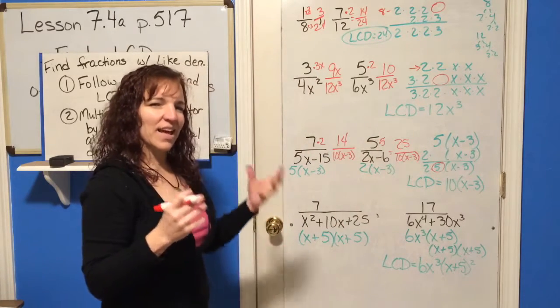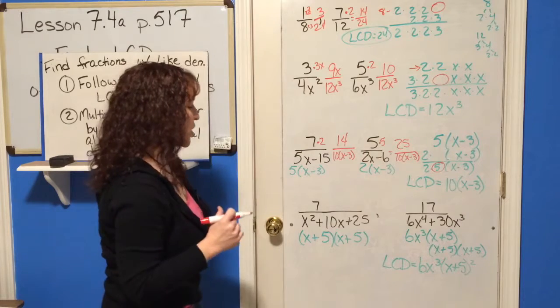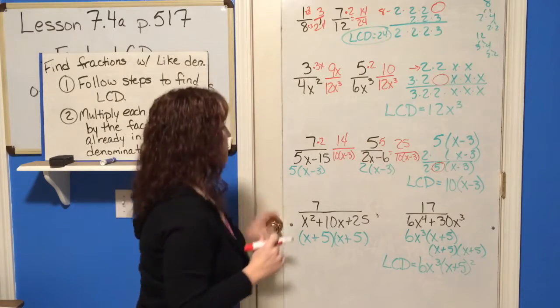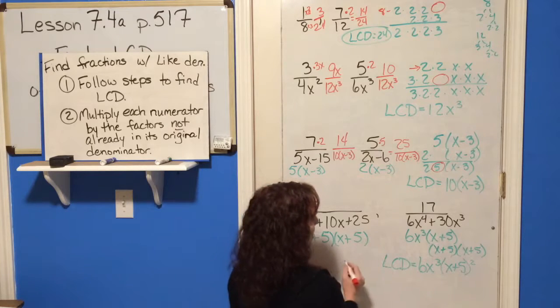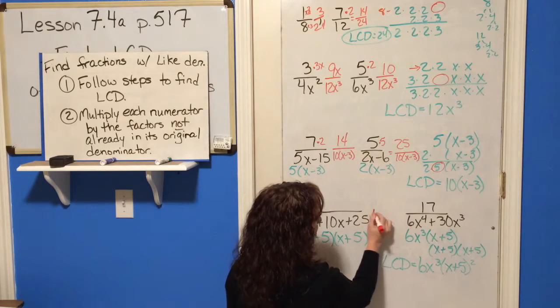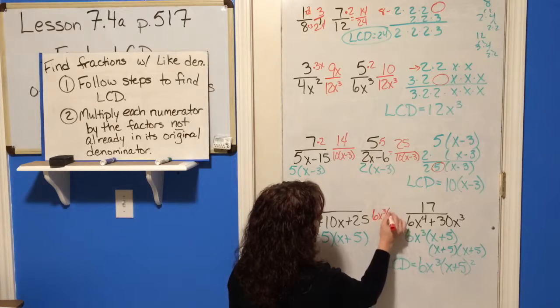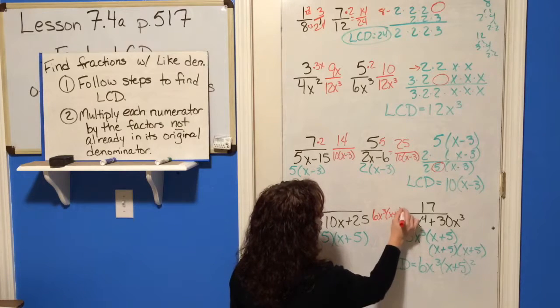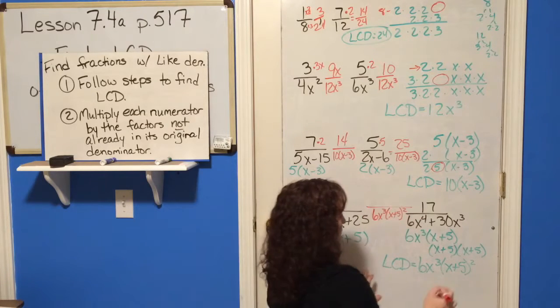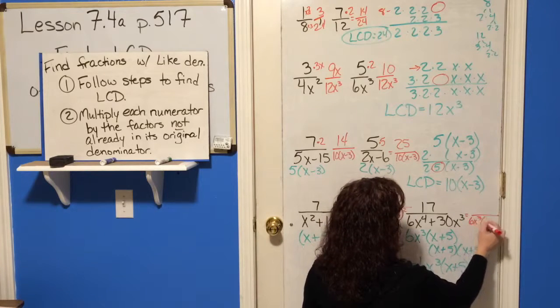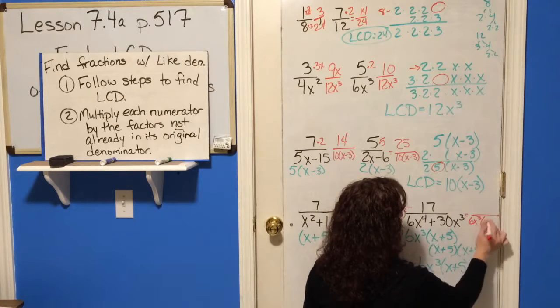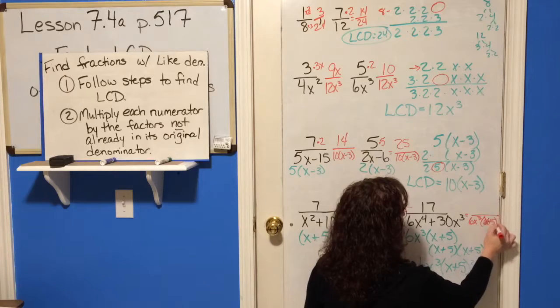All right, is it kind of coming? Last one, here we go. So now, on this one, our common denominator is 6x cubed times (x plus 5) quantity squared. And the same thing here, 6x cubed times (x plus 5) quantity squared.